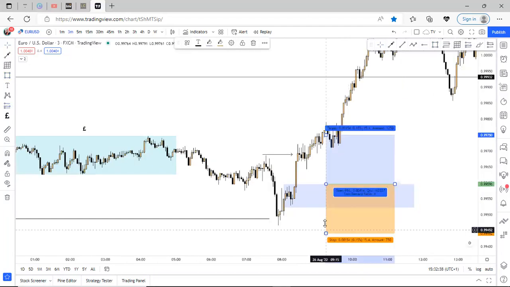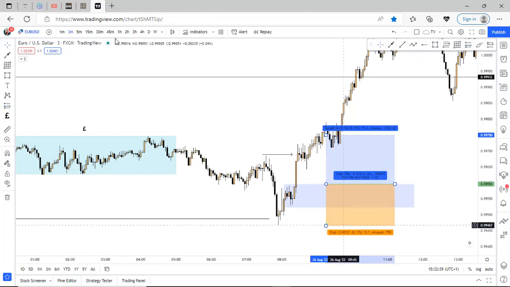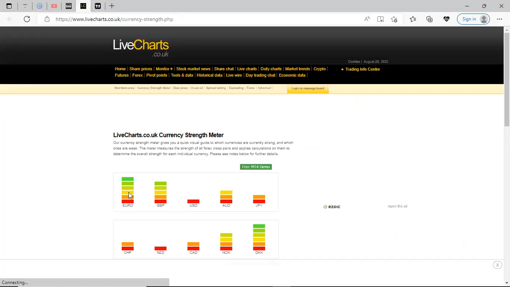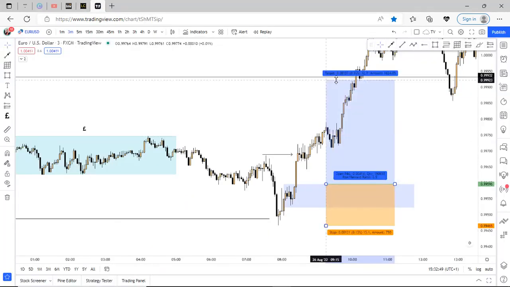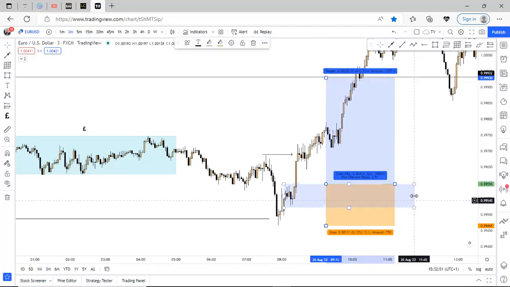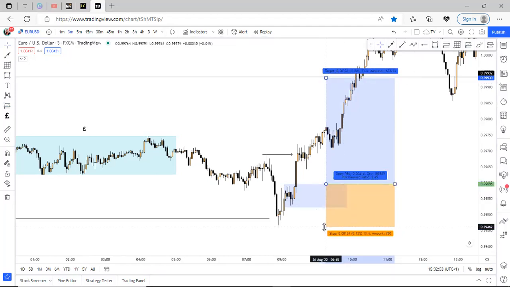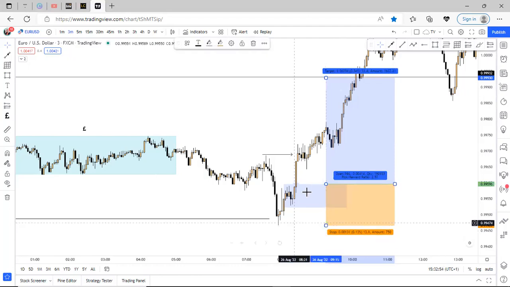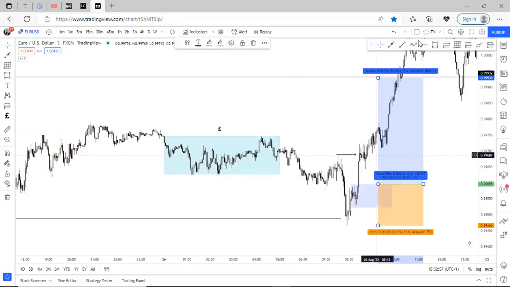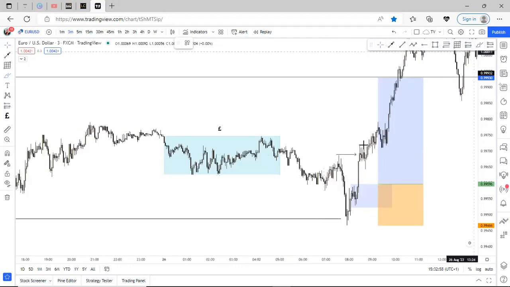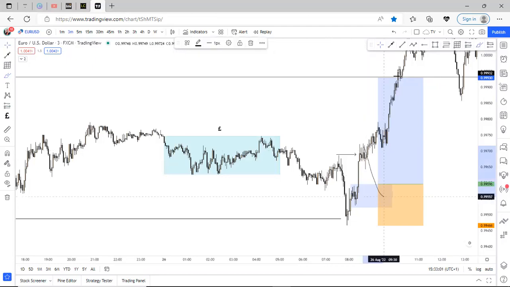When I checked the currency strength meter this morning, Euro was full just like this, and that got me really excited for a buy on EU. So stop loss was about 13 pips or 12 pips thereabout. I expected that price was going to drop back here before pushing up so I can catch this buy.